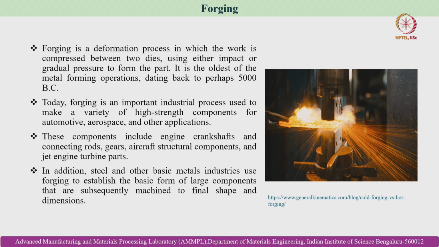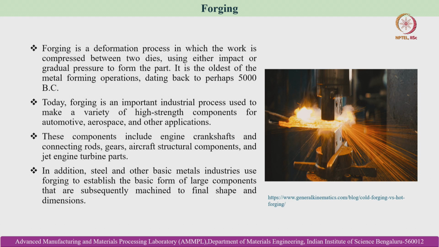So, what is forging? Forging is a deformation process in which the work is compressed between two dies, where either impact or gradual pressure is applied to form the part. It is the oldest of the metal forming operations and dates back to perhaps 5000 BC. Today, forging is an important industrial process used to make a variety of high strength components for automotive, aerospace and other applications.